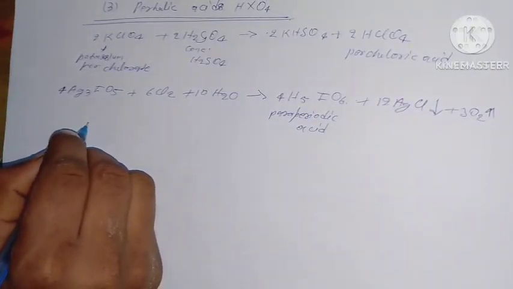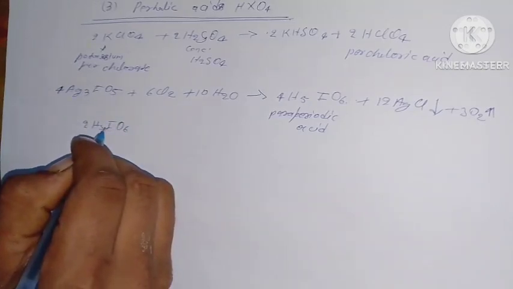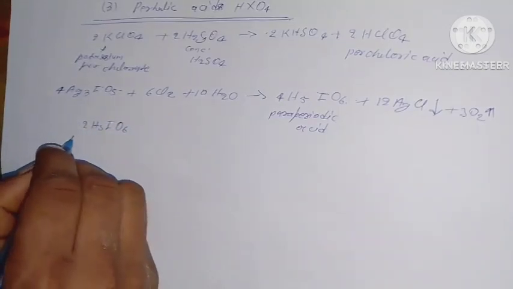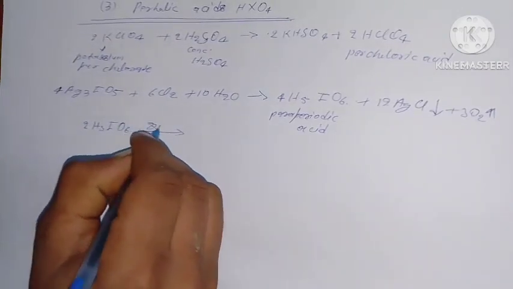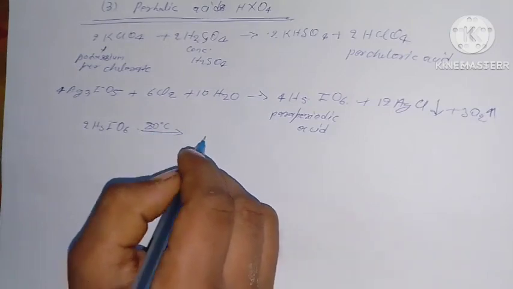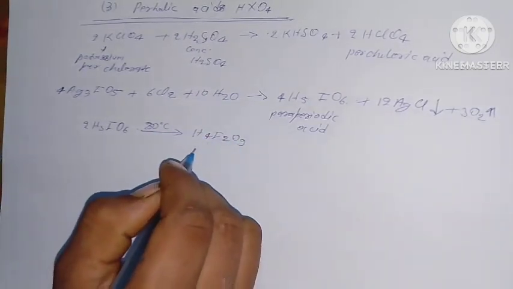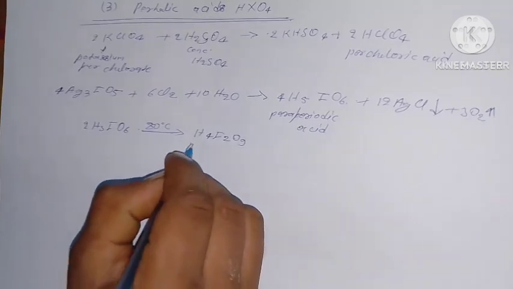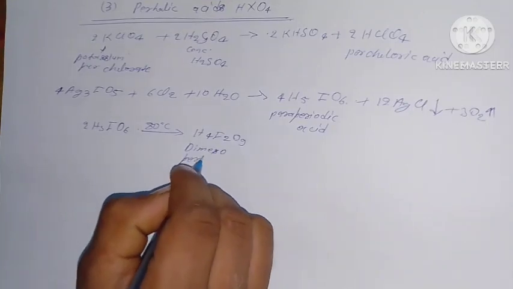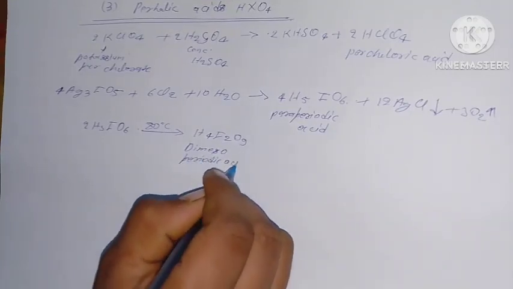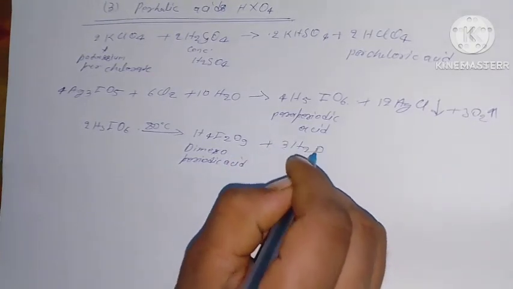And 2H5IO6, that means paraperiodic acid, when heated at 80 degrees Celsius, makes H4I2O9, dimesoperiodic acid, plus 3H2O.